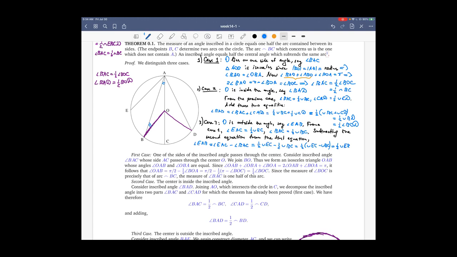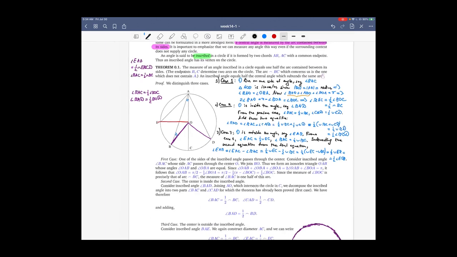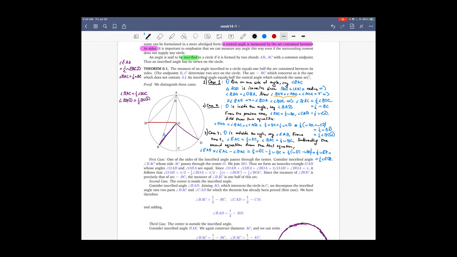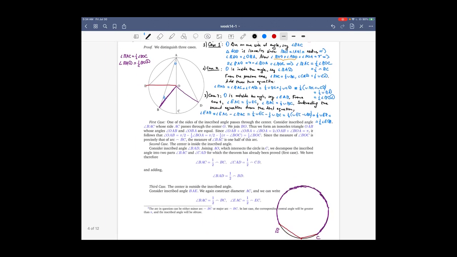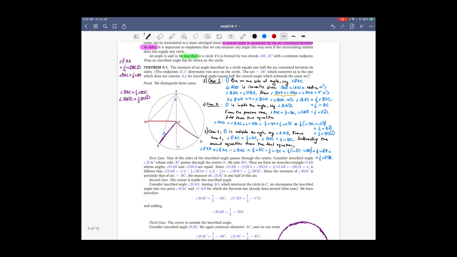That is what we needed to prove, because arc EB is precisely the central angle EOB. So that is a very useful statement. We will need it in our proof of the law of sines.